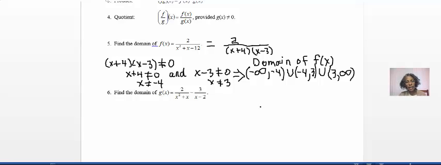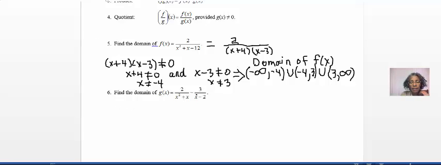That's what I look for when I am finding the domain of a function that has a variable expression in the denominator. I'm omitting all numbers that make that denominator 0.